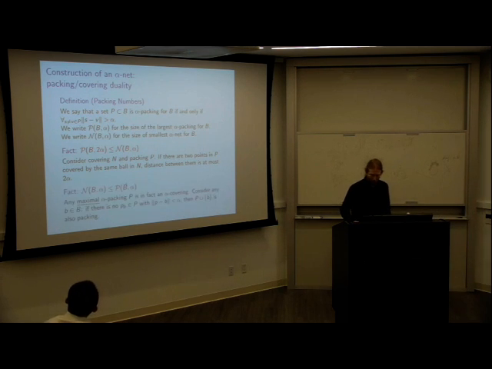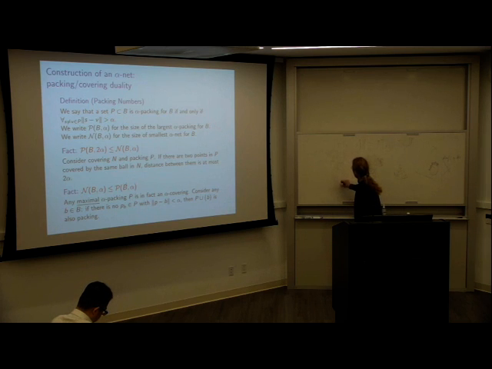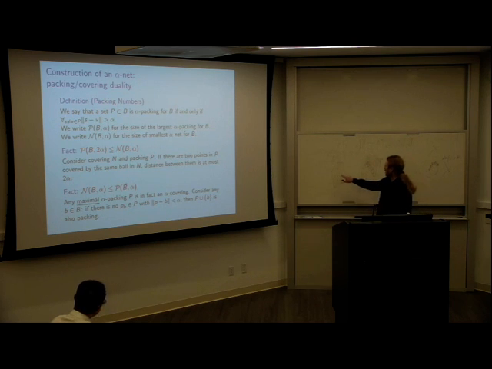But on the other hand, I want to say that the maximal packing, not even the largest packing, but in fact any packing to which I cannot really add anything more, gives me an upper bound on the covering with the same parameter alpha. Why is that? Let's imagine that I have a packing of balls, and it is maximal, which means that I cannot add any more.